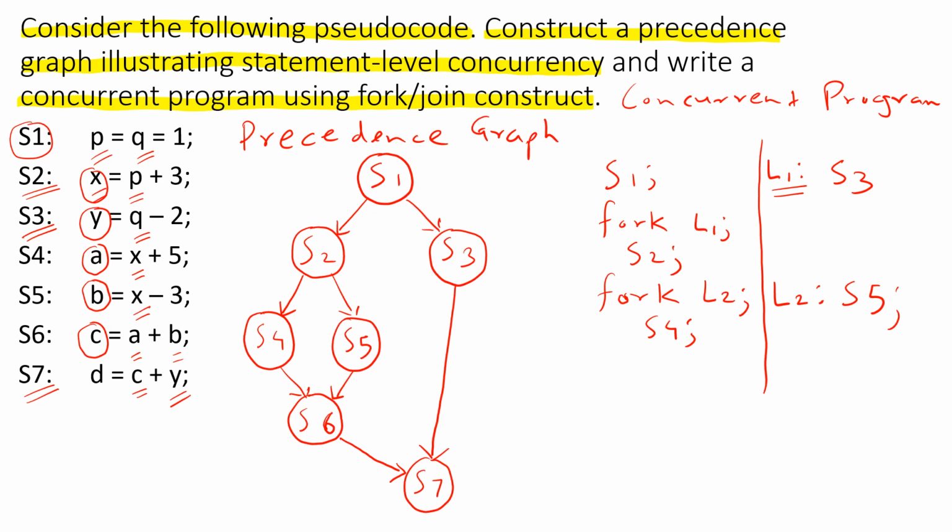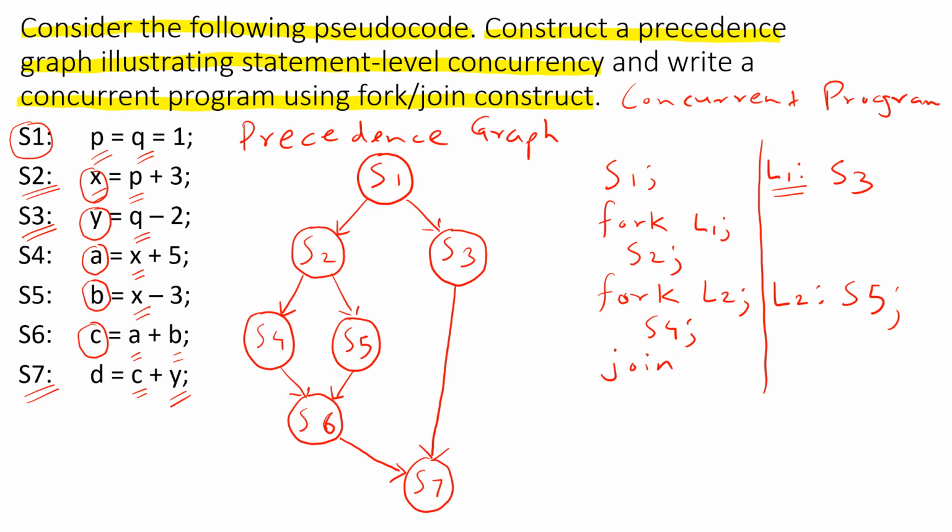Now we have to make sure that the thread which executed statement 4 and the thread which executed statement 5 join together, right? So we have to use a join statement over here.